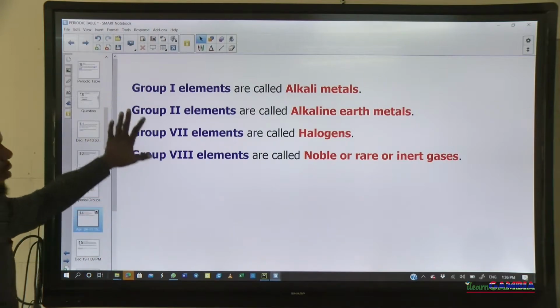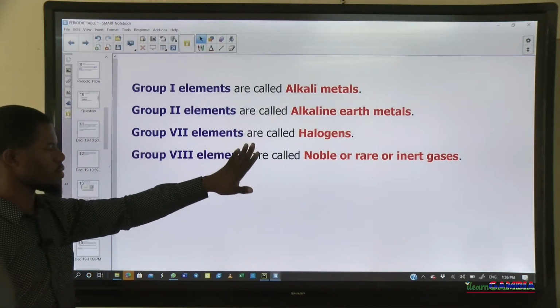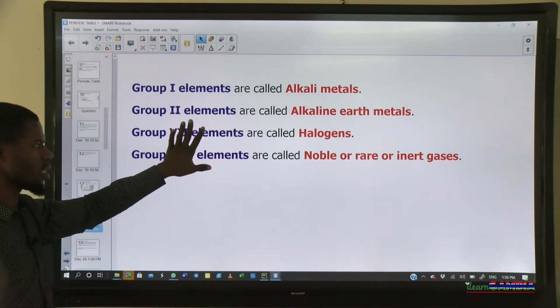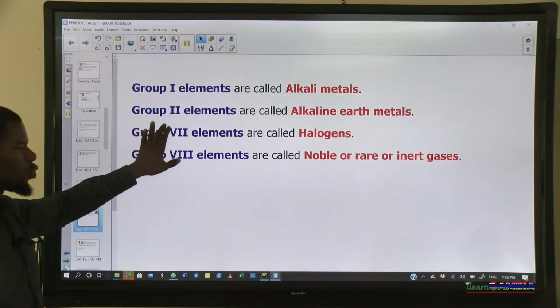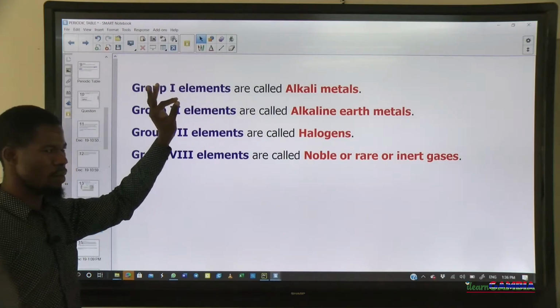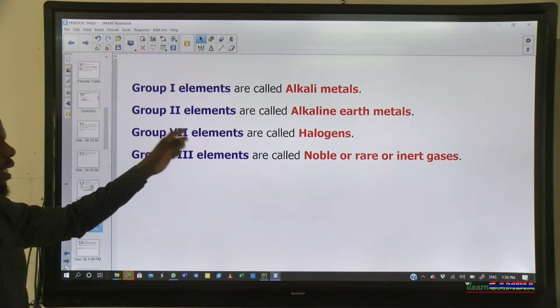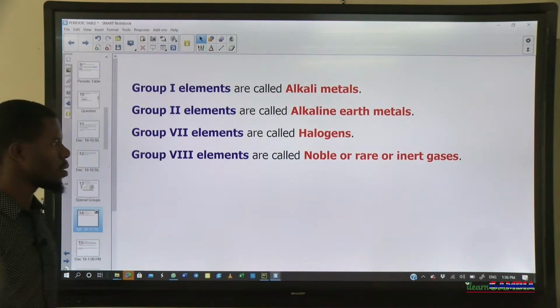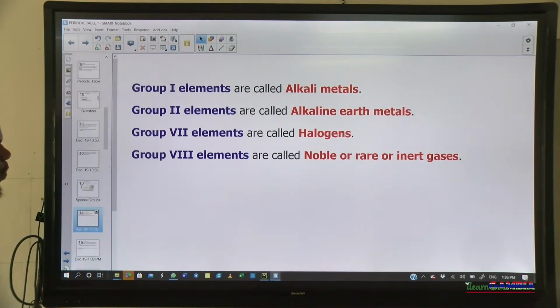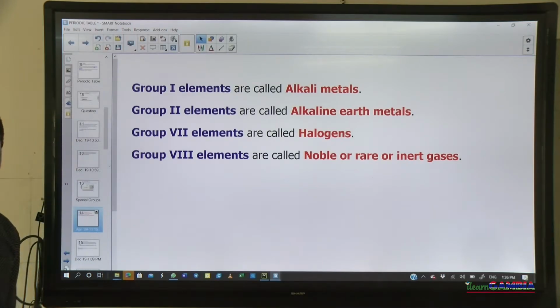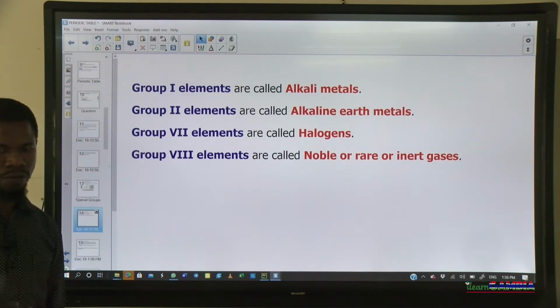When we look at all these names that they are referred to, all have some meanings attached to them. Group 1 and 2, they form basic substances. That is why they are called alkali or alkaline earth metals, or alkali metals for group 1. The group 7 elements are called the halogens because they form salts, that is, they are called salt formers.